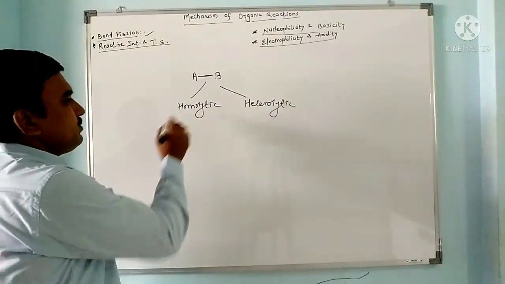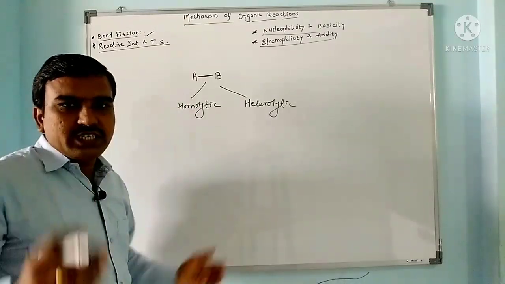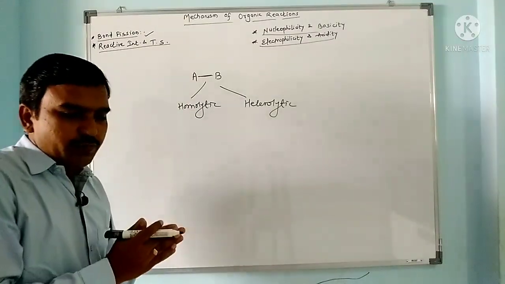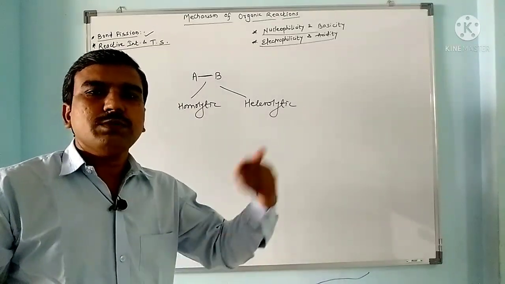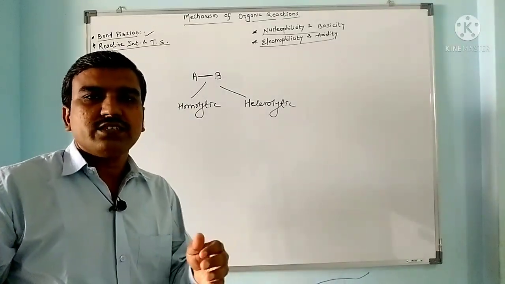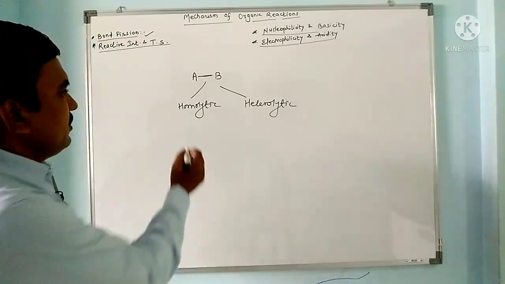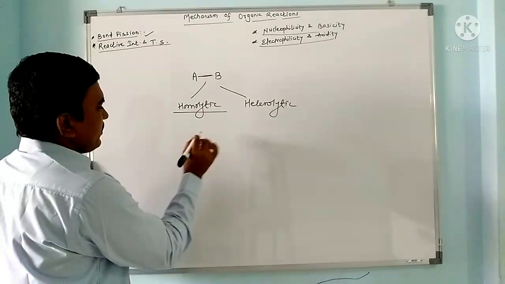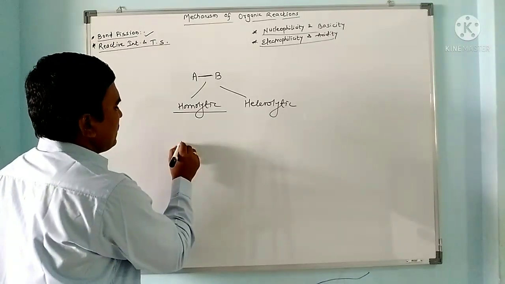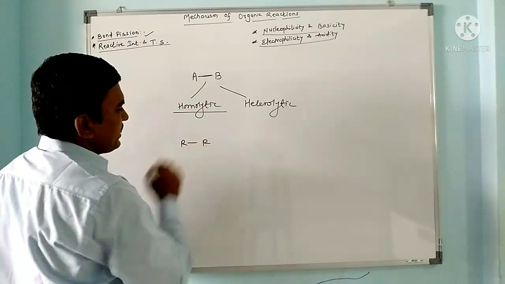So here this bond breaks in a homolytic fashion. This can take place by thermal reaction, which is called thermolysis, or it can break using light, which is called photolysis.